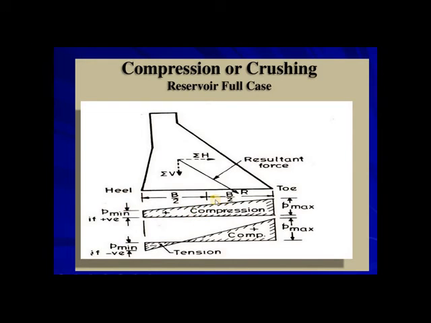So this is the case, and this is the total B divided into two components, and this is the resultant force, this is the vertical, this is sigma H, if acting on any point in the dam body, and this is the heel, this is the toe. If forces are acting on this point, then this is the toe. The dam body may rotate in this direction above the toe. So at this point, this should be positive.